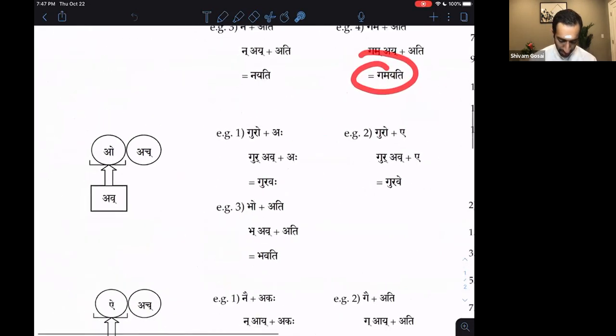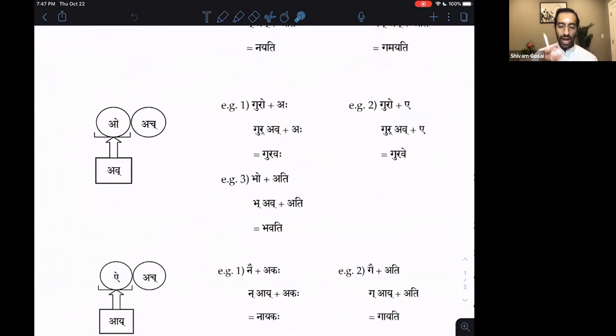Let's do one more and then we'll do some exercises. So we see H, right? So H consists of A, O, E, ai. So A we saw, now O, when O is followed by any vowel, you get the second one in the series, au. So we get guro plus aha becomes gurav-aha, because that O gets replaced by av. So we'll see this guru-śabdha. Guru-śabdha 1-3 is guravaha.